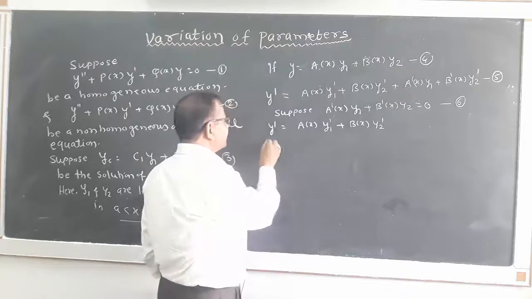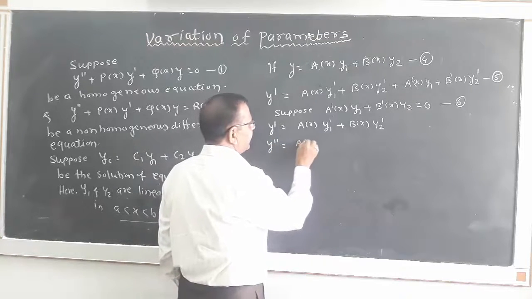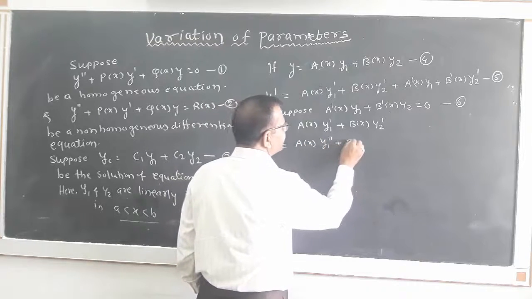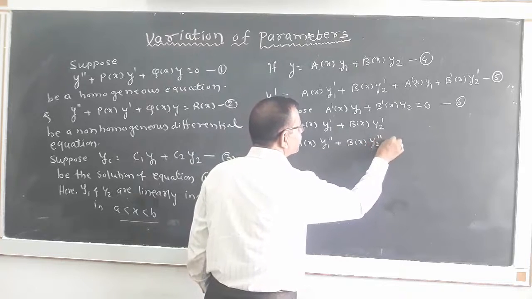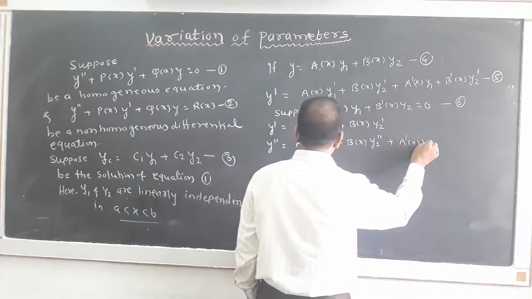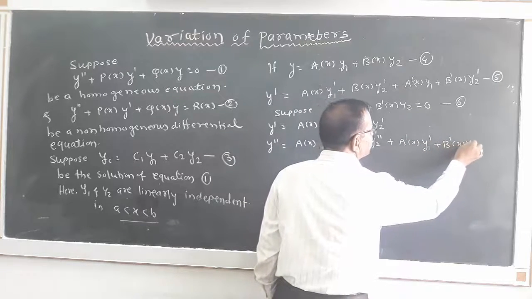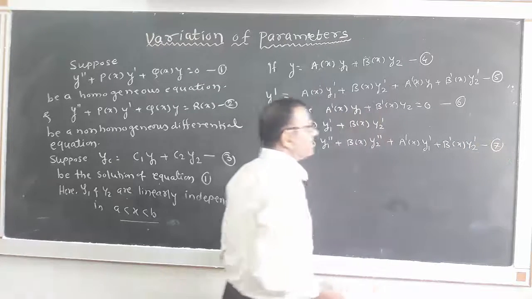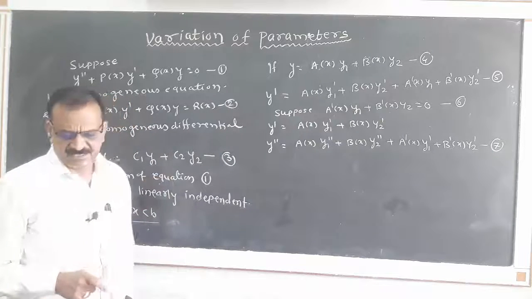And if we differentiate again, we will get a(x) y1 double dash plus b(x) y2 double dash plus a dash(x) y1 dash plus b dash(x) y2 dash. This is equation 7.